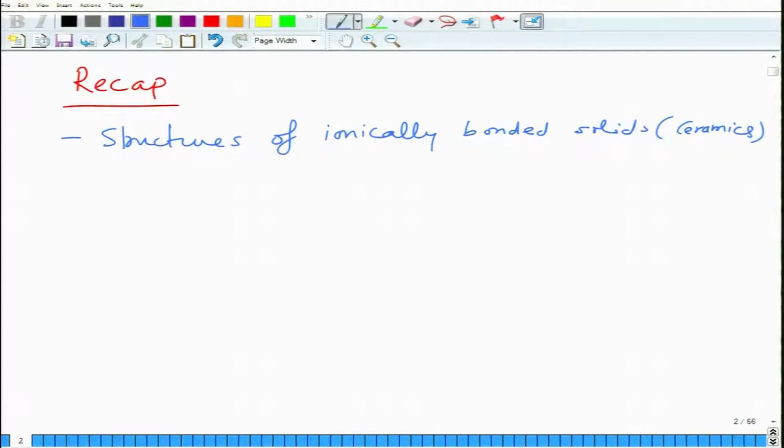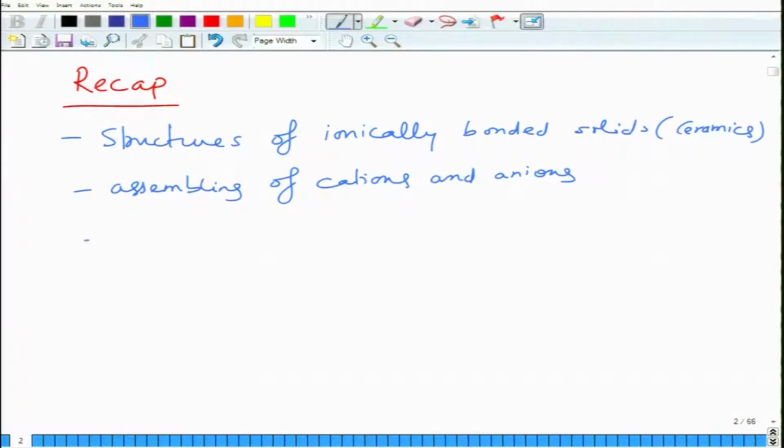We saw that these structures are based on assembling of cations and anions, and by virtue of minimization of potential energy, they tend to make crystal structures in which cations and anions are arranged in an ordered fashion.